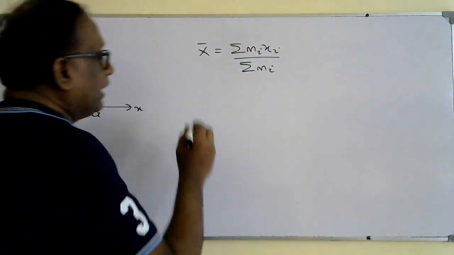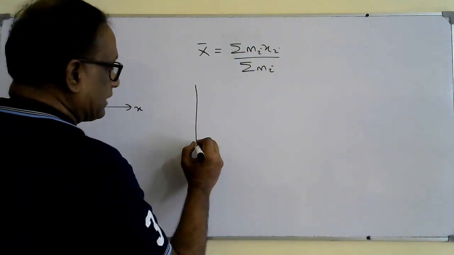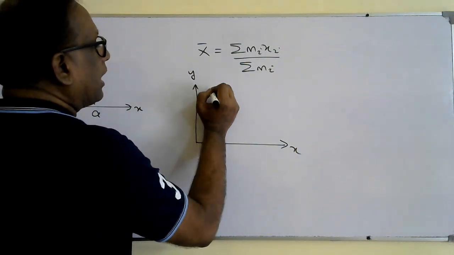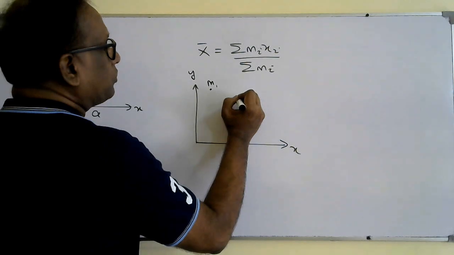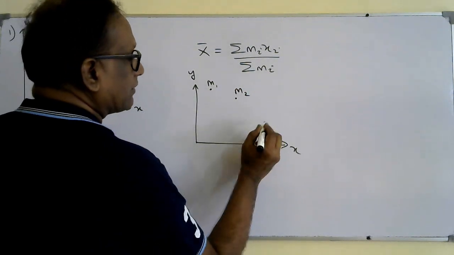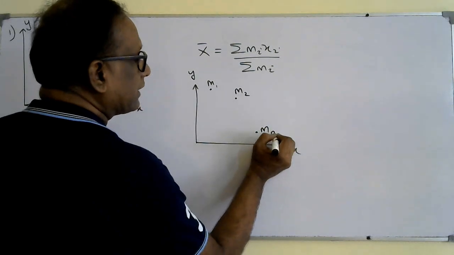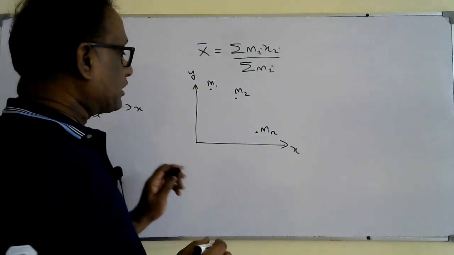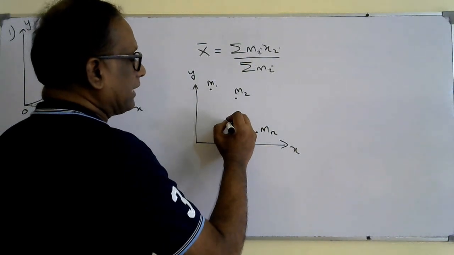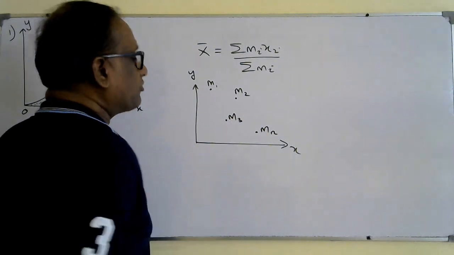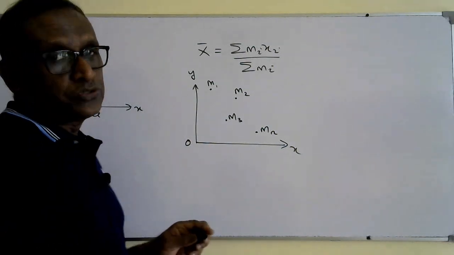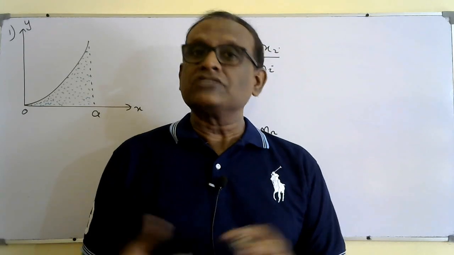For example, if you think about xy Cartesian coordinates, if there are different masses m1, m2, and so on, many particles up to mn, and you want to find the center of mass of this system of particles from the origin, then we should be able to find their distances from the origin.